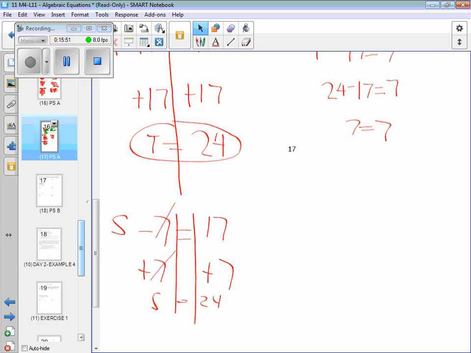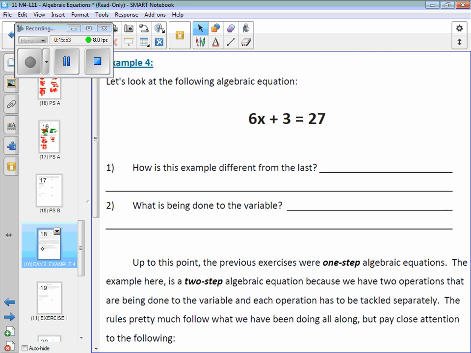Two-step equations starting on page 10, everybody. Let's get there. We need 20 minutes for day 2. First of all, what do you see that's different from this equation compared to what we've been doing?